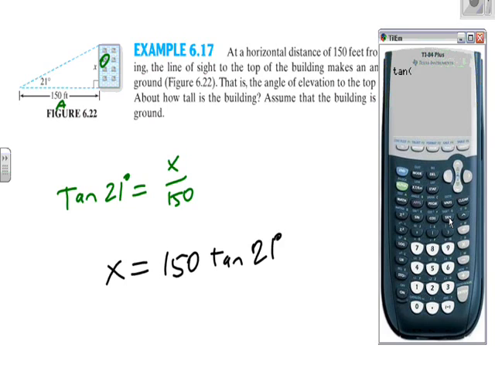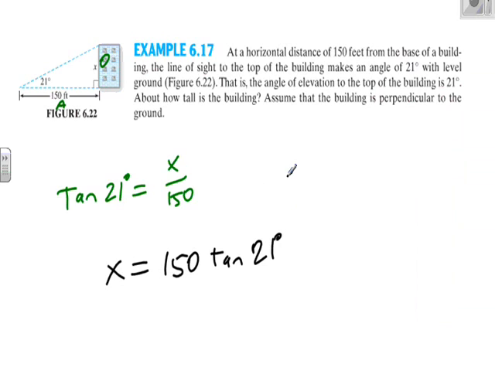So we need tangent of 21, which is a decimal, and we need to multiply that decimal times 150. So we get x equals about 57.6. And that will be feet because our other distance was in feet.